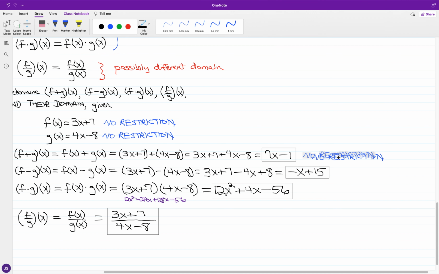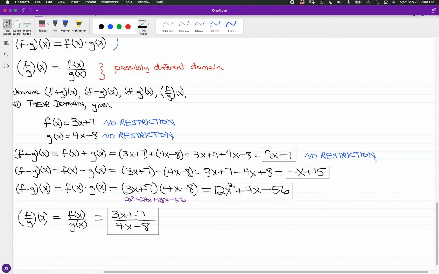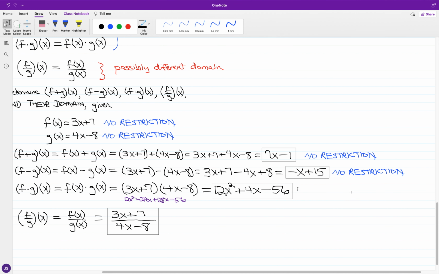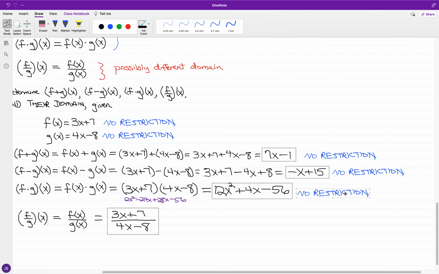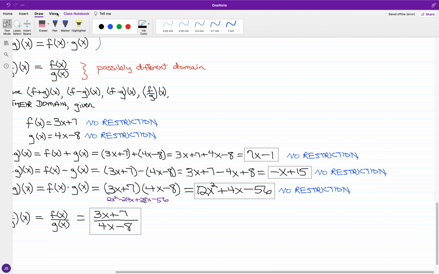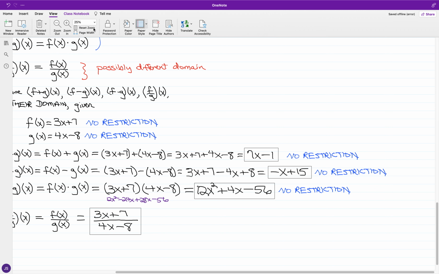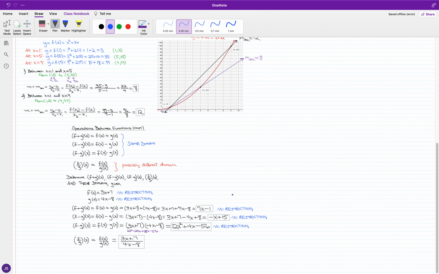So you'll have no restriction. And again, the sum, difference, and product functions will have the same domain. That's going to be the set of all real numbers throughout.